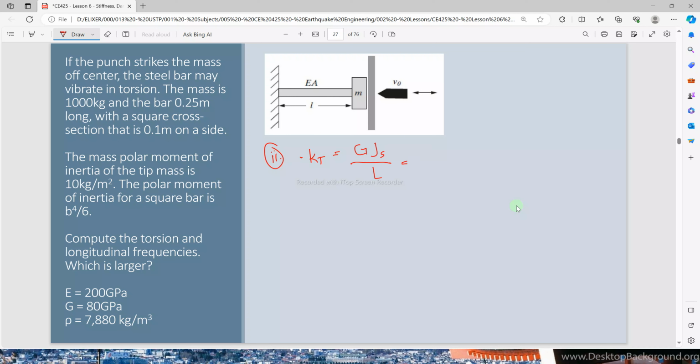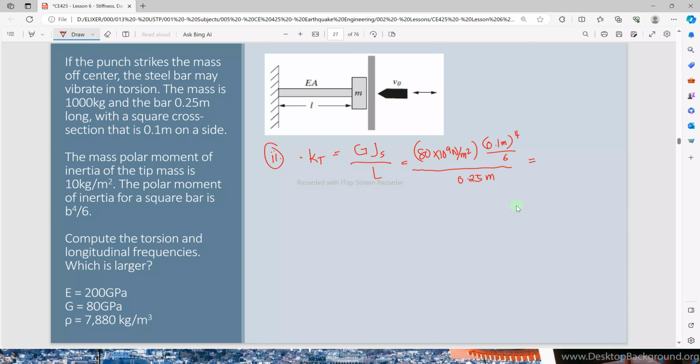So we have the modulus of rigidity, 80 times 10 to the 9 Newton per square meter, times the polar moment of inertia for the square, that is b to the fourth over 6, or 0.1 meter to the fourth over 6, over the length of the bar, which is 0.25 meters.